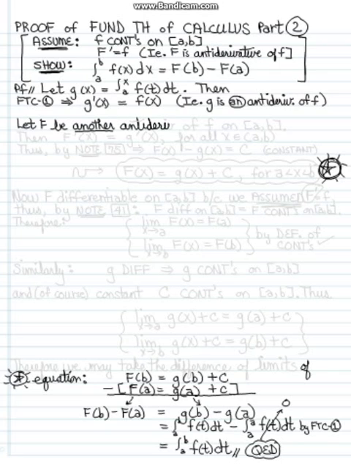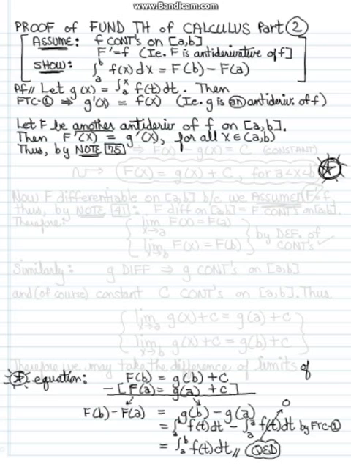Okay, let capital F be another antiderivative of little f on the same interval. So we've got two of them. We've got g and we've got capital F. If it's true that capital F is an antiderivative, it means that F prime of x is the same as g prime of x for all x's on the open interval from a to b.